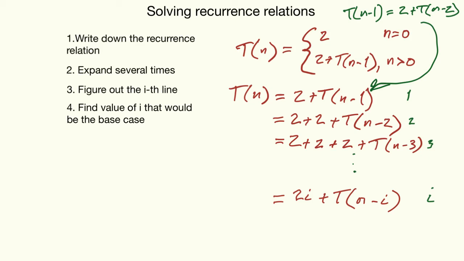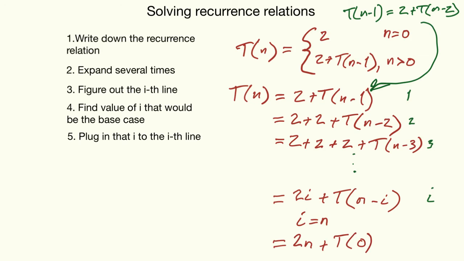So we write down i equals n, and then we do the last step, where we take that i we just computed and plug it back into this equation, and we get T of n equal to 2n plus T of n minus n, which is T of 0, and that, by definition up here in our recurrence relation, is equal to 2n plus 2.